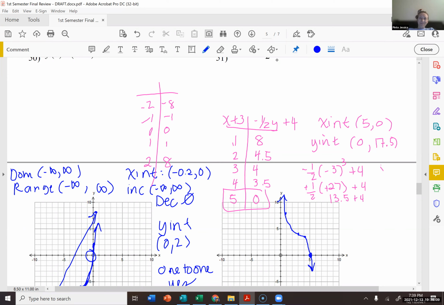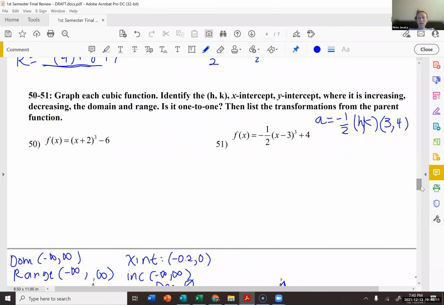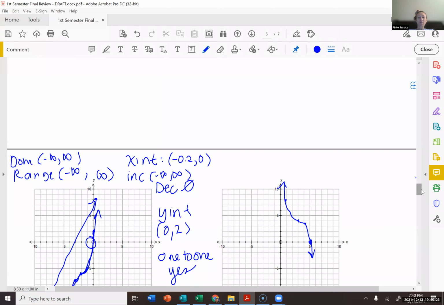I actually saw that I answered some of the wrong questions. So it says here, X-intercept, Y-intercept, great, increasing and oh, never mind. So for these ones, the domain and range, just like before, negative infinity to infinity. The X-intercept is going to be (5, 0).